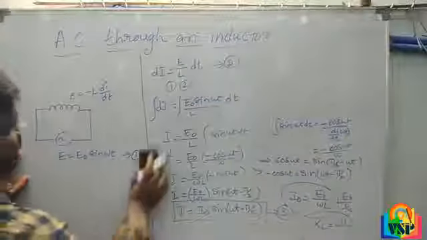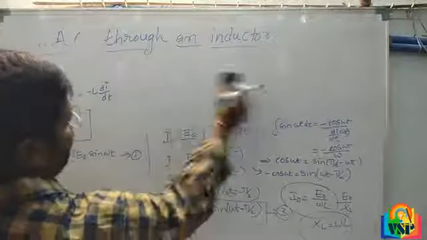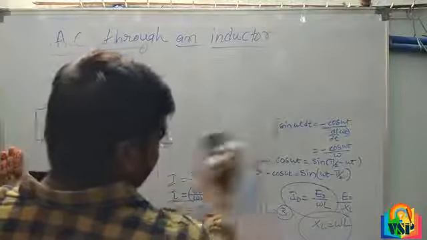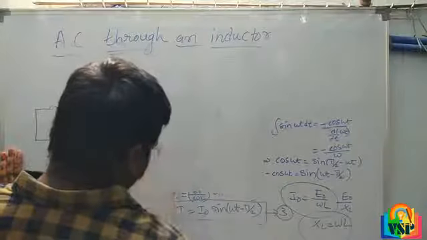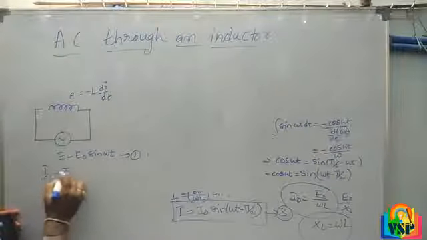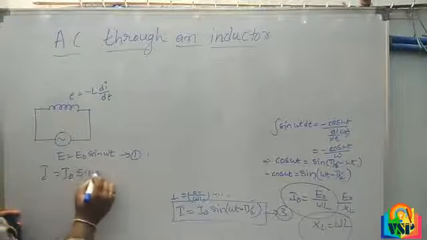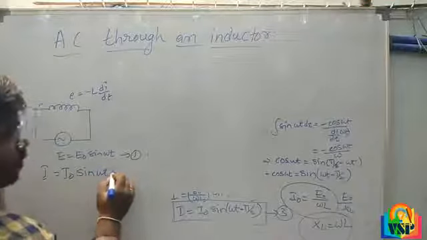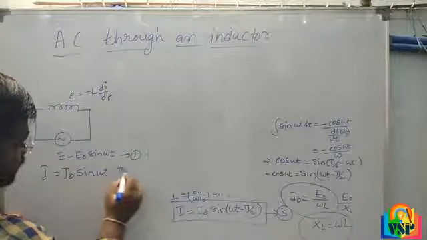Okay, coming to the phasor diagram. How can we draw the phasor diagram? Current is equal to I naught sin omega t minus pi by 2.